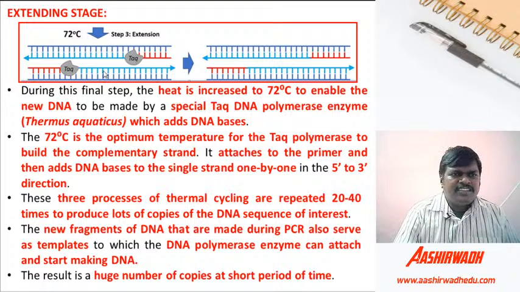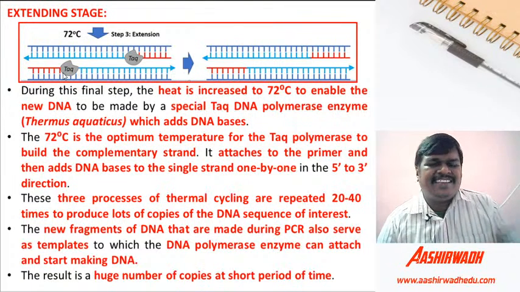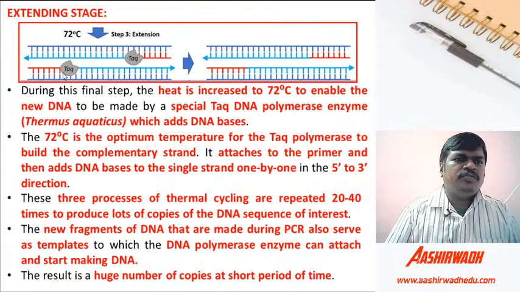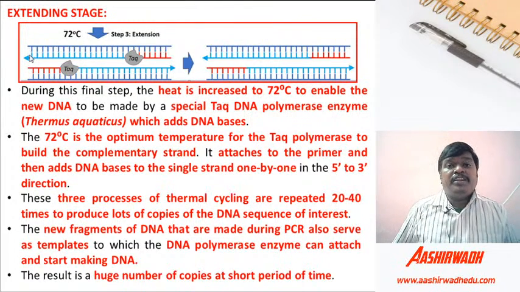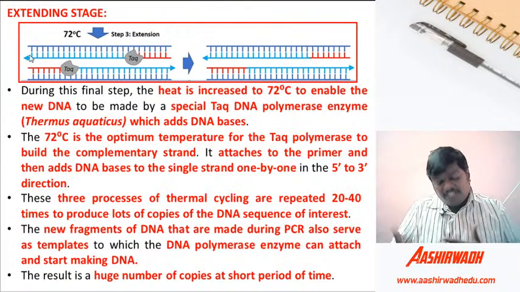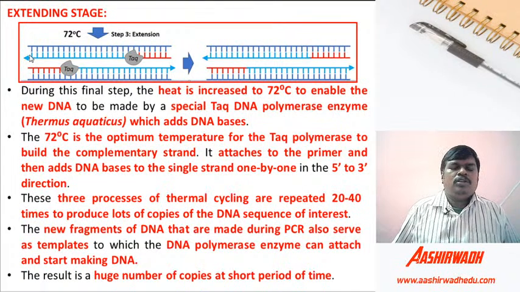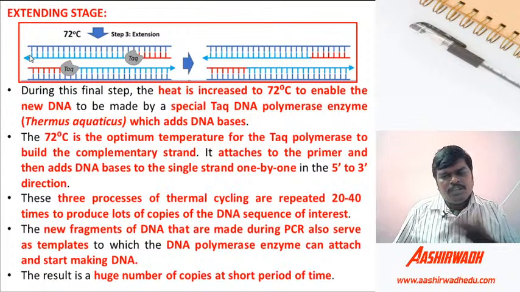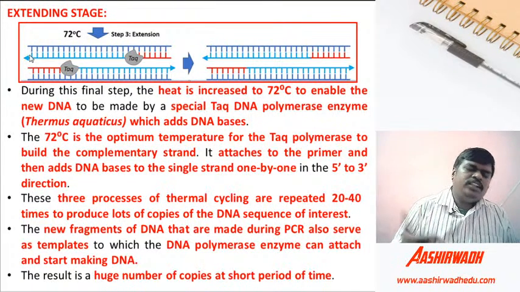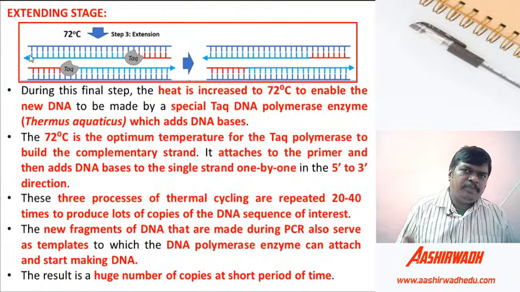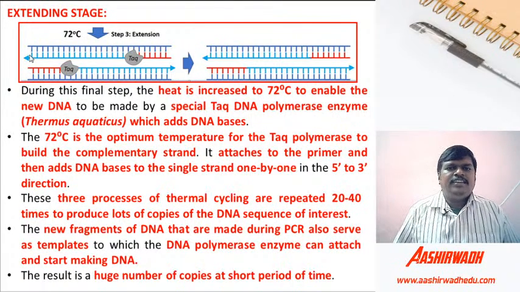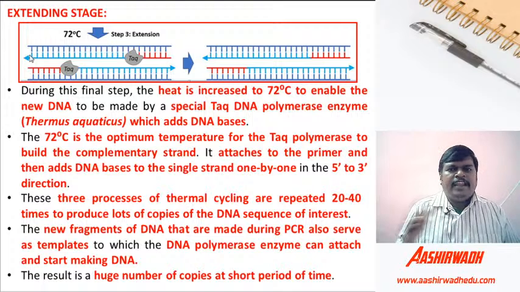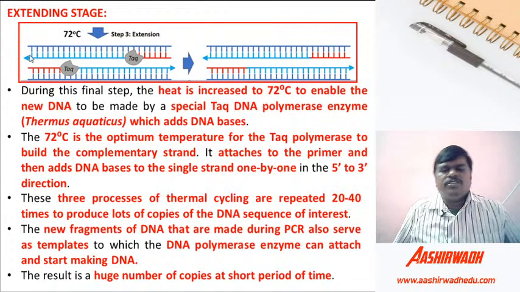This enzyme is used to extend the strands of DNA. 70 degrees Celsius is the optimum temperature for Taq polymerase to attach the nucleotides along with the primer, and it adds the nitrogenous bases one by one to the single strand in the 5' to 3' direction.